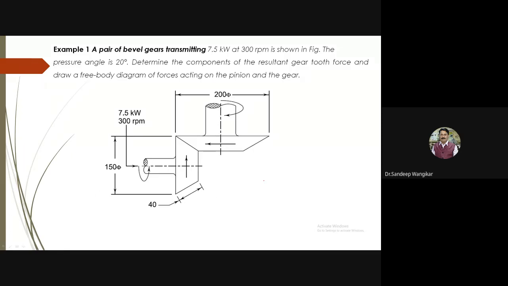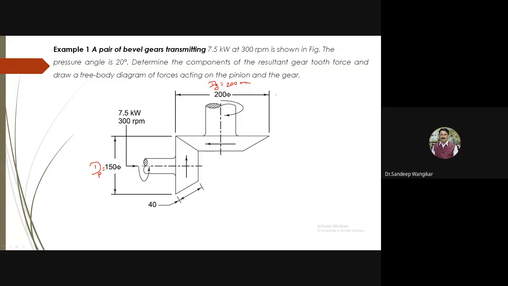So let us write what is given in this case. Power 7.5 kilowatt, then RPM 300. The diameter for the pinion is given, dp is equal to 150, and the diameter for the gear is given in the diagram, dg is equal to 200 millimeters.